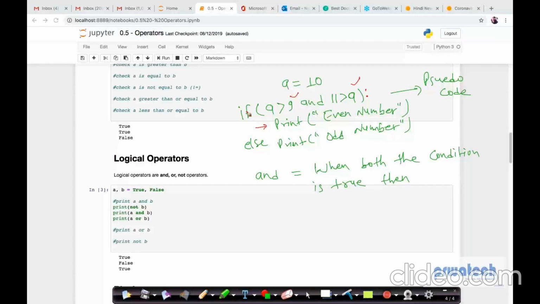If any of the conditions is failing, then print me else. So AND is saying, when both conditions are true within any if, else, for loop, while loop, then only print the output of that condition.